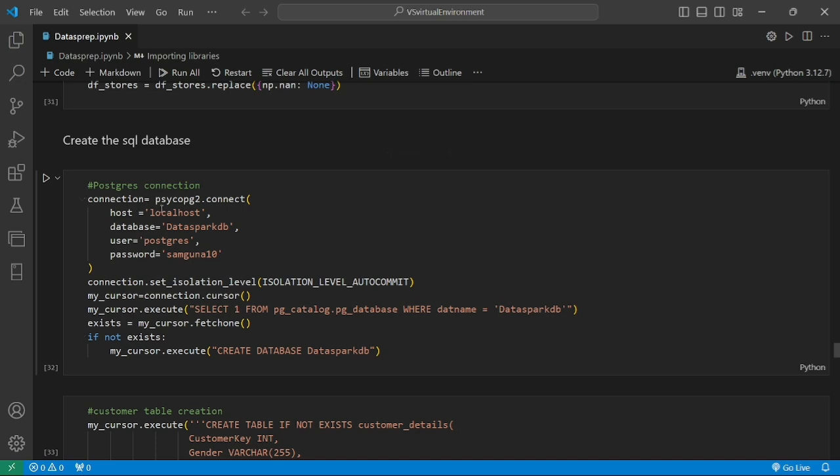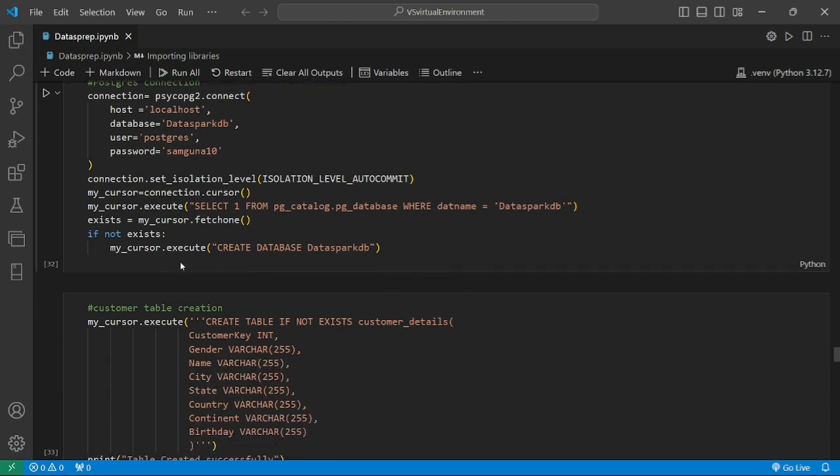Psycopg2 is the connector, since I am using PostgreSQL. It takes a host and a database to connect, and it's set to auto commit, so it will commit whatever we execute.